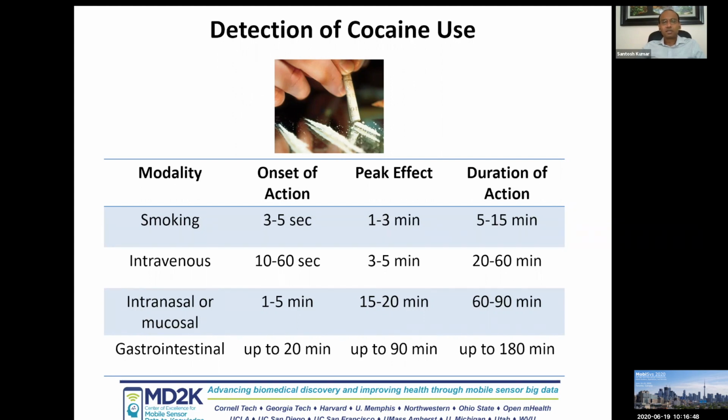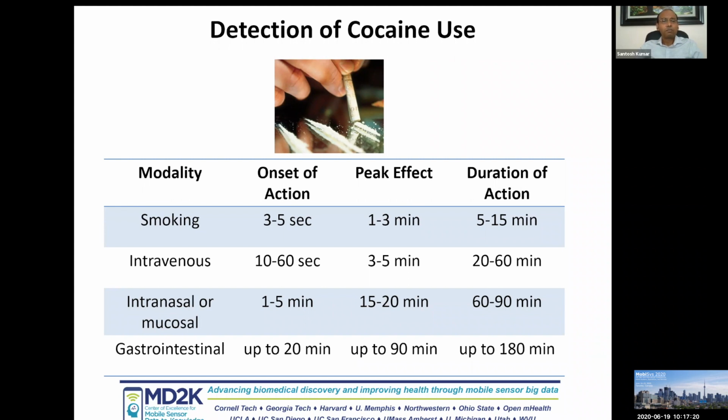But the issue is that depending on how participants take cocaine, the onset of action, that means how long since the intake we begin to see the effect in physiology, when is the peak effect, and how long does it last, they all differ depending not only on the modality, but also the dosage.